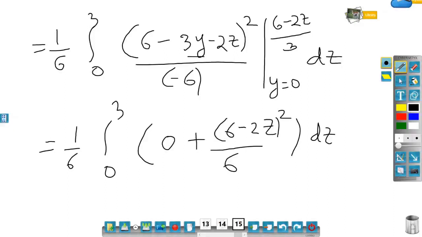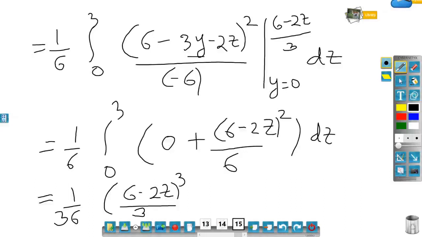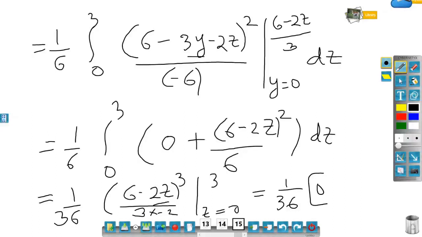Now let me find the integration with respect to z. This is same as, now 1 by 36 will be outside, 6 minus 2z whole cube divided by 3 into the derivative of this, which will be minus 2, and z will again go from 0 to 3. So 1 by 36, when I substitute z is equal to 3, it is 6 minus 6, that will give me 0, minus will become plus because the denominator 3 into minus 2 is minus 6, so 1 by 6.